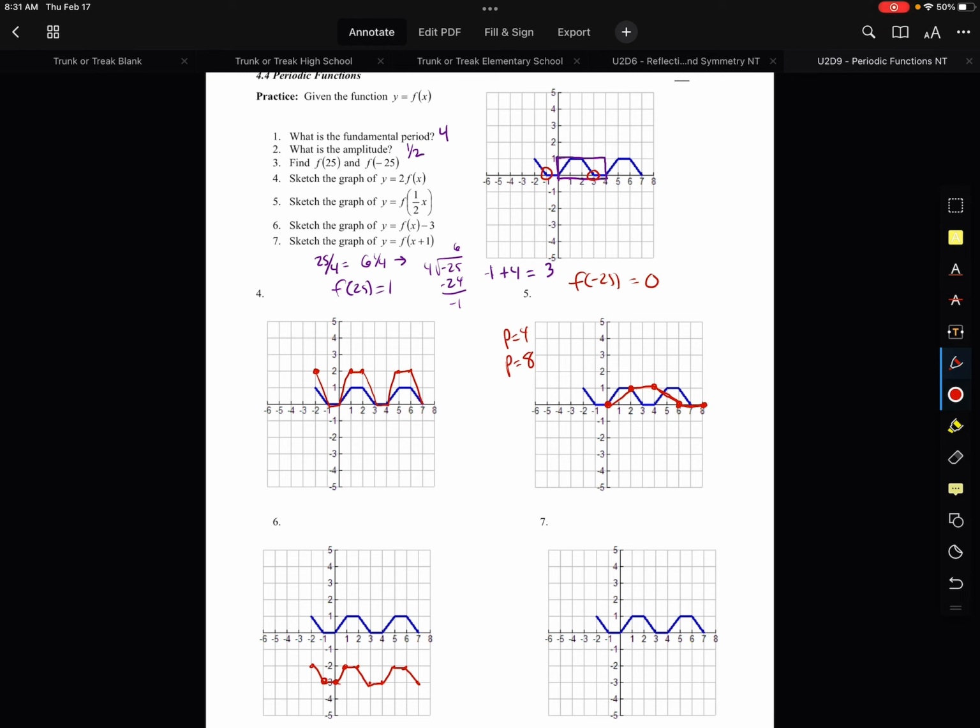That means move the entire graph left 1 unit over. And there's our graph.